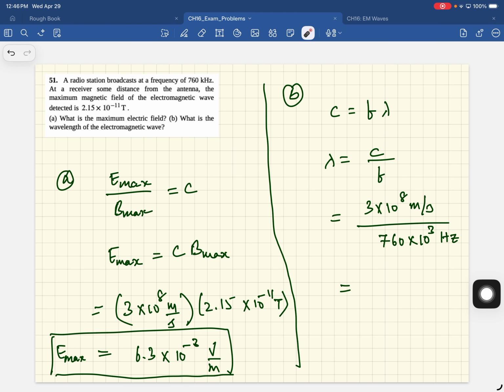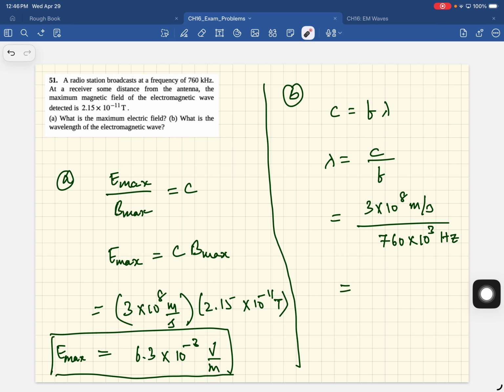Okay, this problem says, at what distance does a 100-watt light bulb produce the same intensity of light as a 75-watt light bulb produces 10 meters away? So this bulb at 10 meters away produces a certain intensity. A 100-watt light bulb will produce the same intensity at a further distance. So intensity is the energy passing per unit time per unit area.